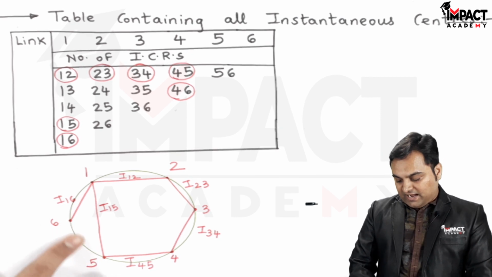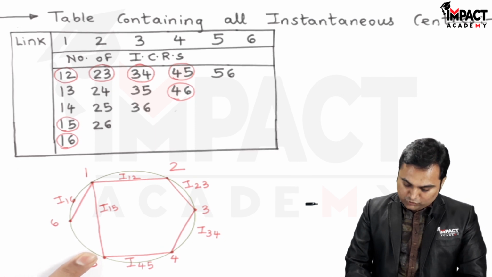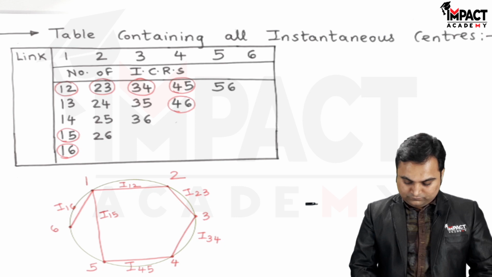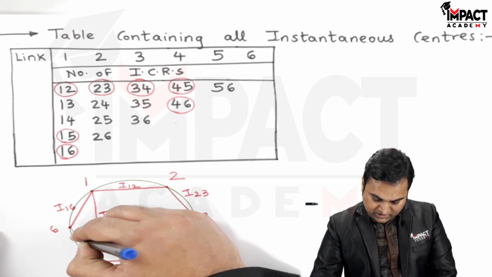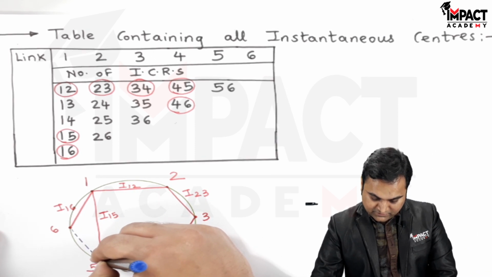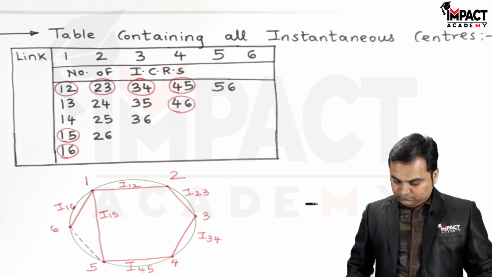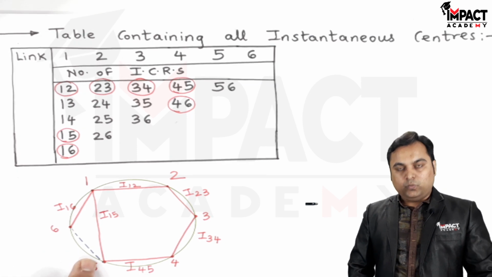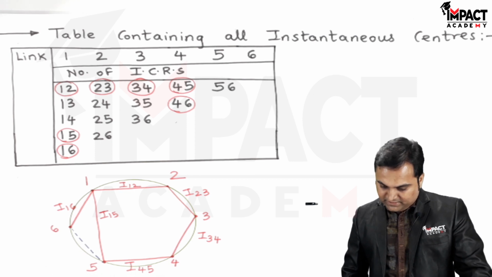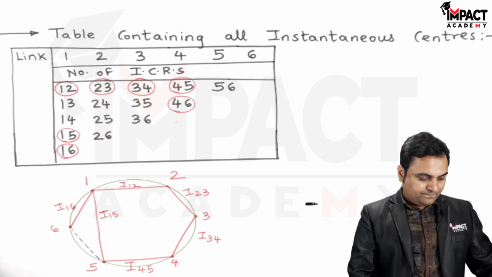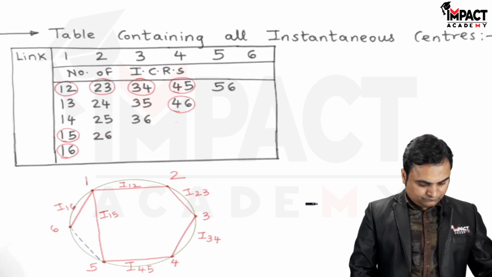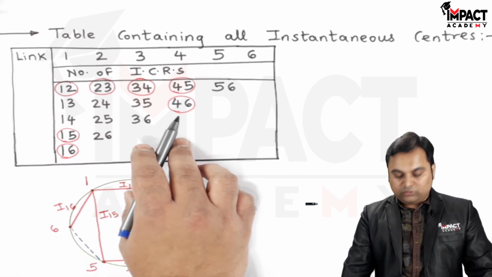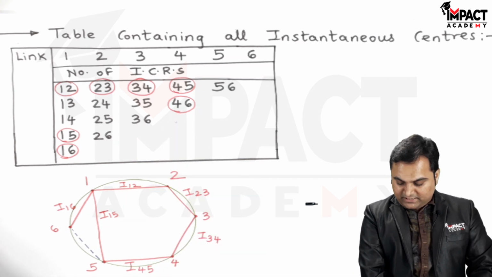So in order to get the remaining ICRs, first remember, complete this side, that is fine, we have to find I56. So for I56 I am connecting 5 and 6, and also to get 5-6 we would be needing another ICR, and for that 4-6 is also there with us, so I am connecting this line also.